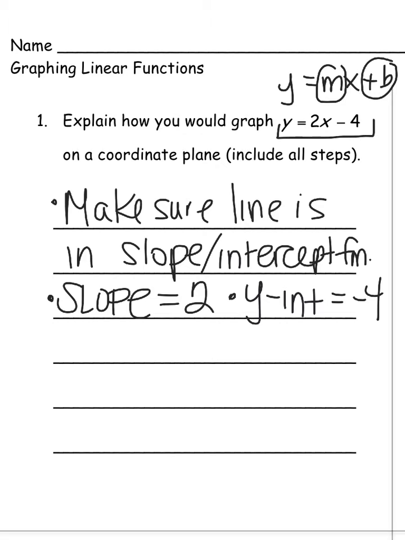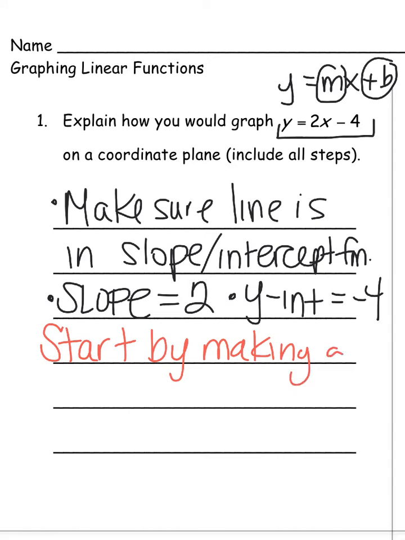So to actually graph it, we're going to start by making a point at negative 4 on the y-axis. That's your y-intercept. You always begin with your y-intercept.